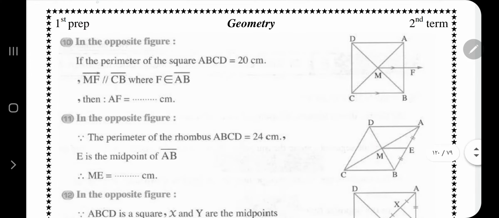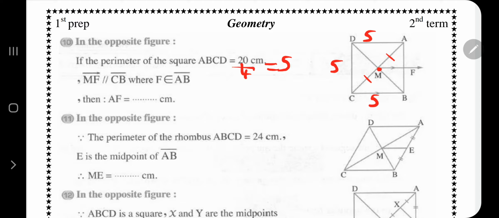Another example. This square's perimeter is 20. I will divide by 4 to get the side, which will be 5. Here is 5, here is 5, here is 5. Okay. He asked me to find the length of AF. As you know, in the square, M is the intersection point of the diagonals, AM equals MC.